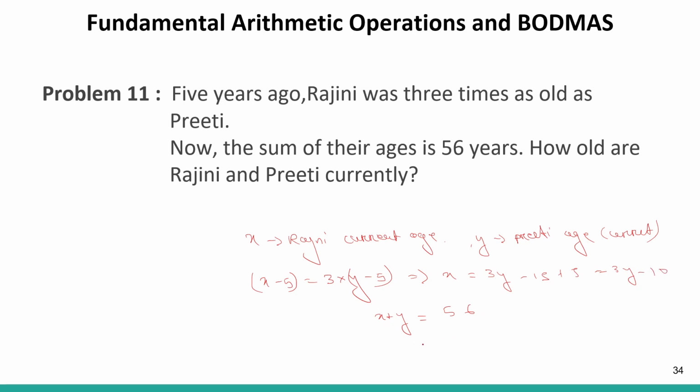So X plus Y is equal to 56. This implies that 3Y minus 10 plus Y is equal to 56. So 4Y is equal to 66. This implies that Y is equal to 33 by 2, that is 16.5.